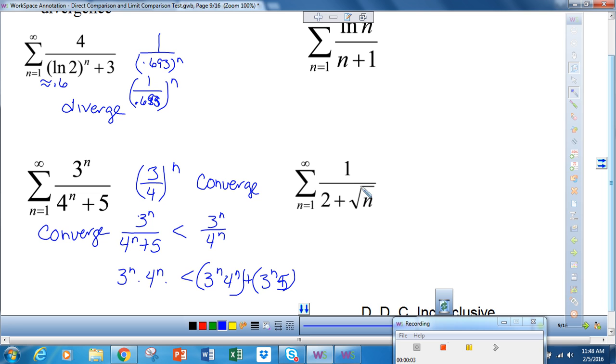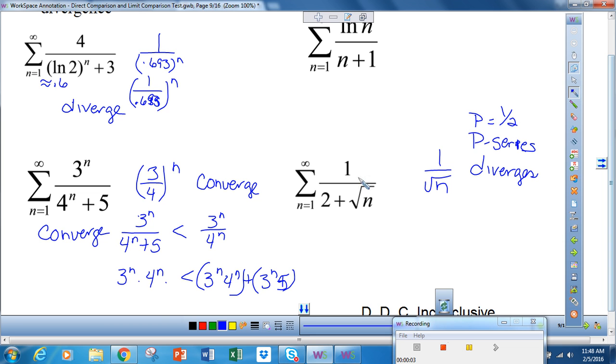Okay? The second one, it looks sort of like 1 over the square root of n. So 1 over the square root of n does what? It diverges. Why? It's a p-series where p is equal to 1/2. So it diverges by p-series. In order for me to prove that this diverges, I have to prove that it is greater than 1 over radical n.